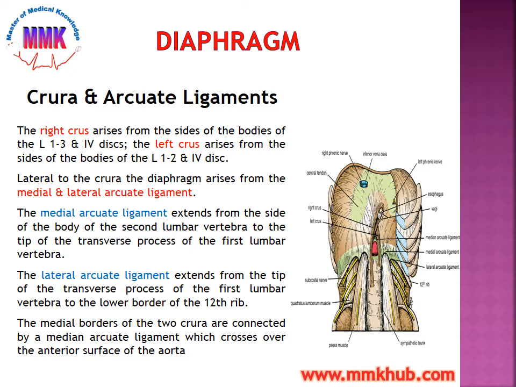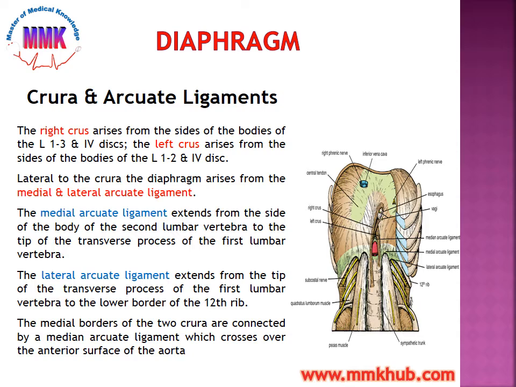The medial arcuate ligament extends from the side of the body of the second lumbar vertebra to the tip of the transverse process of the first lumbar vertebra. The lateral arcuate ligament extends from the tip of the transverse process of the first lumbar vertebra to the lower border of the 12th rib.